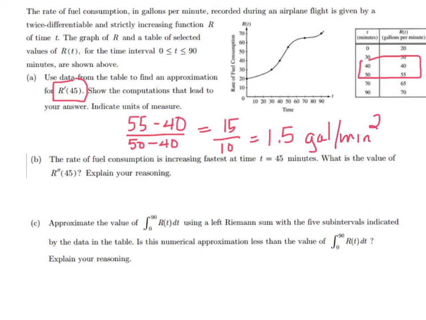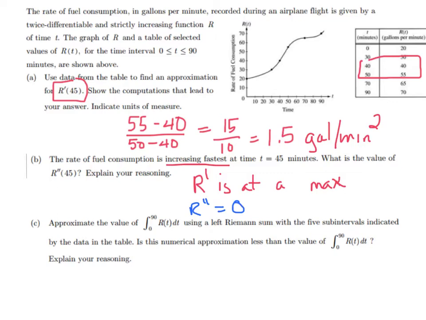Next, it says the rate of fuel consumption is increasing the fastest at time equals 45. What is the value of r double prime? Well, if the rate is increasing the fastest, that means that r prime is at a max. If r prime is at a maximum, its derivative has to be equal to 0.